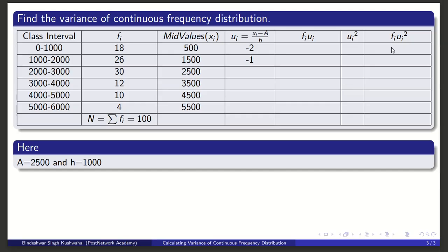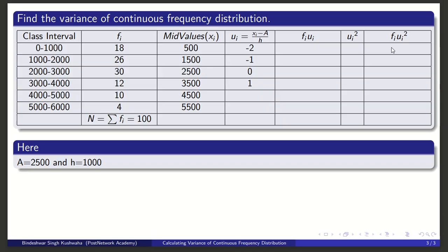Second, you will subtract 2500 from 1500. So it would be minus 1000 and you will divide it by 1000. So that would be minus 1. Other values you can calculate in the similar way.